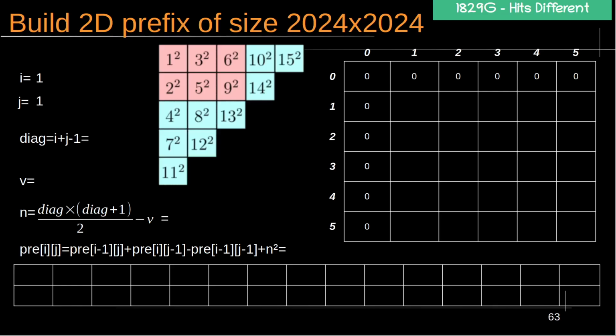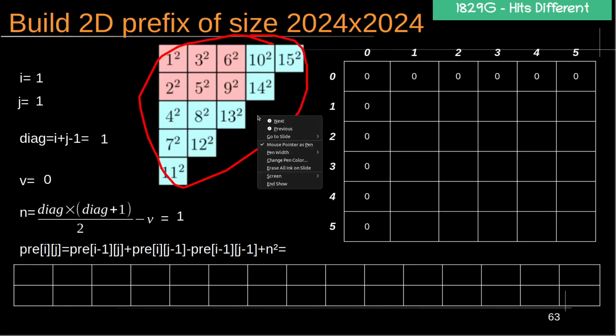We compute the diagonal, which is diagonal 1. Our v is equal to 0 at first. We compute n, which is 1.